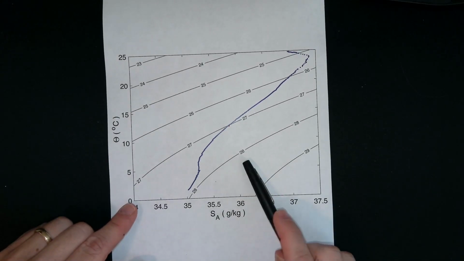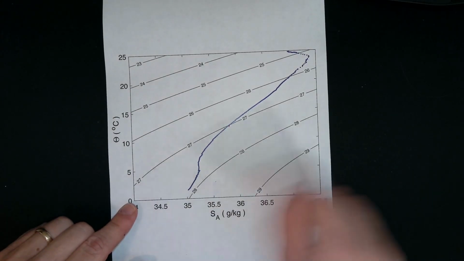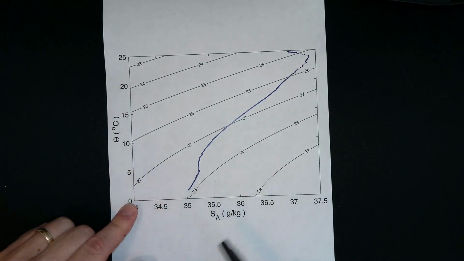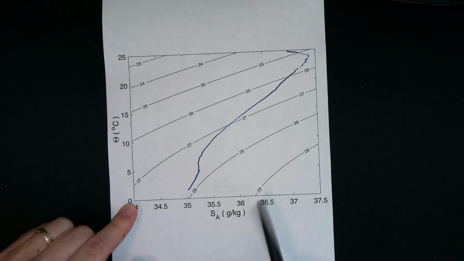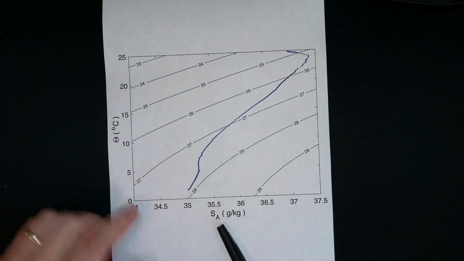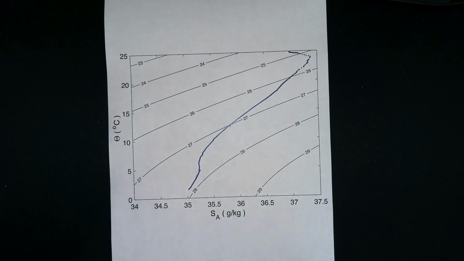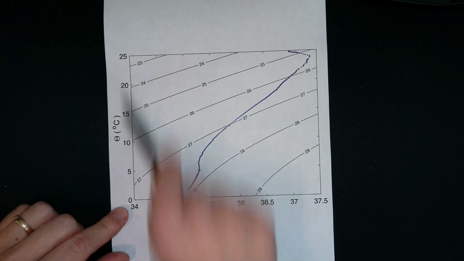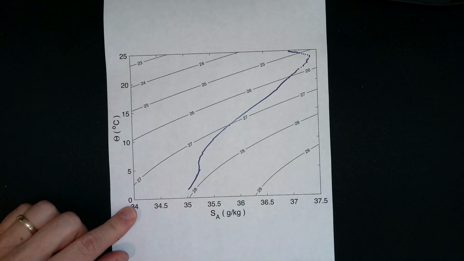So the sigma naught value, which is the contours, is a function of conservative temperature and salinity as well as pressure. Whereas the potential temperature is not a function of the absolute salinity. This is not the way you are usually used to when you see graphs, where the x-axis is the independent variable and the y-axis is the dependent variable.